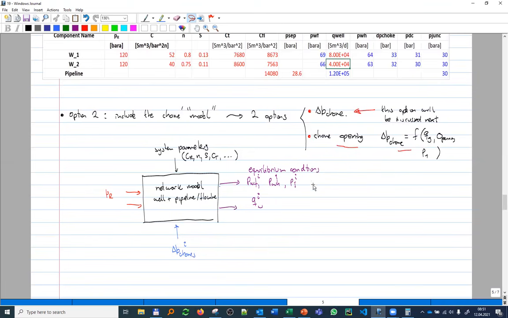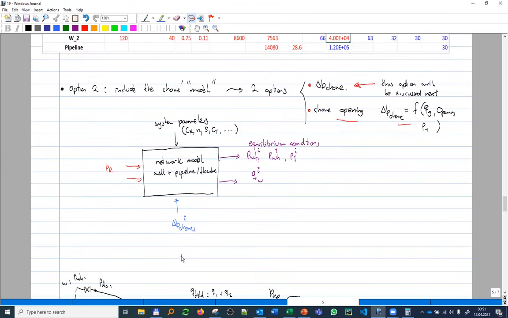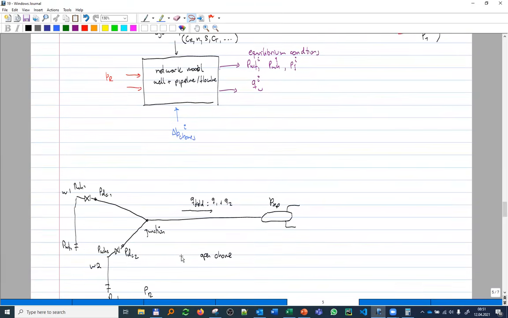But now this network has one more component, which is the delta P of the choke. Depending on how big this delta P is, I will have different equilibrium conditions. If I run it with 0, that will give me the solution of the natural flow. But if I run it with 5 bar in each choke, then I will get a different solution.